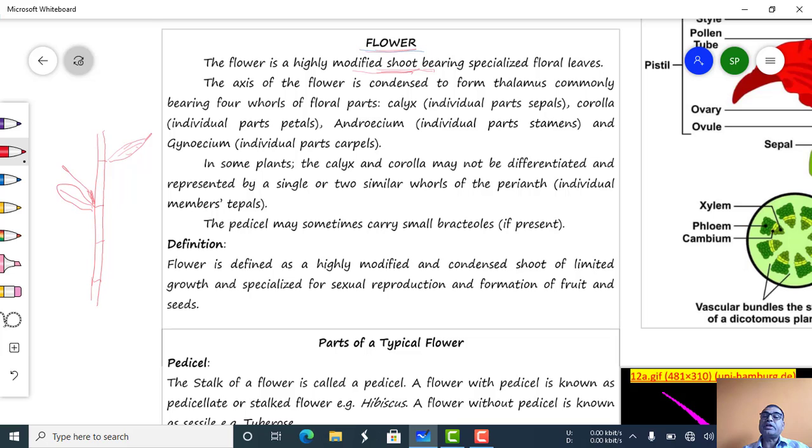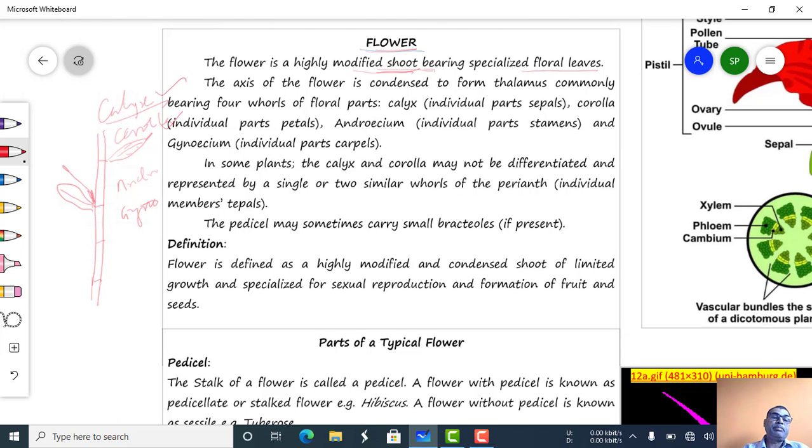Which are those specialized floral leaves? The flower shows the whorls of specialized floral leaves in the form of calyx, then corolla, androecium, as well as gynoecium. The individual floral leaves may be the sepal, petal, stamen, as well as carpel, which are present on this modified shoot.